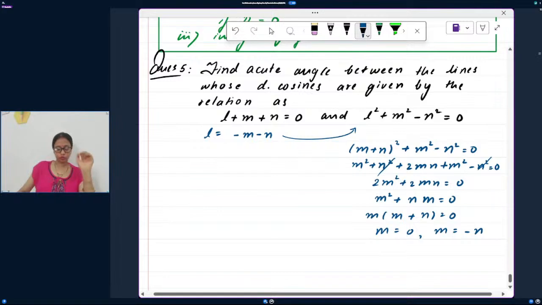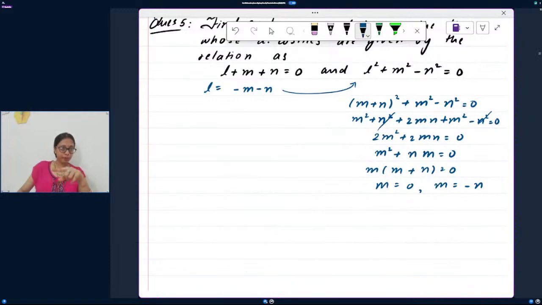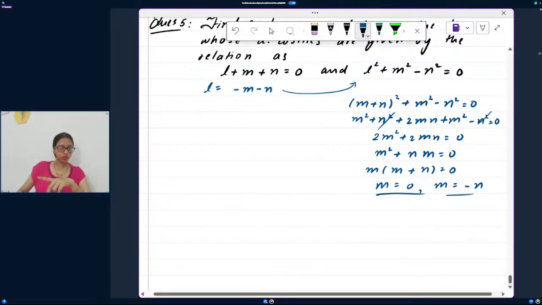These are the two possibilities. So what is the value of m by n? Even if I consider this as a quadratic in m, my job is to find m by n in the two roots. In the second one, m by n is minus 1, simply.